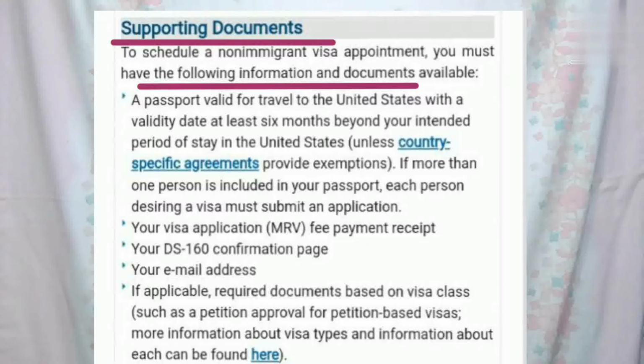Second, your visa application or MRV fee payment receipt. Third, your DS-160 confirmation page. Fourth, your email address. And fifth, if applicable, required documents based on visa class, such as a petition approval for petition-based visas. More information about visa types can be found here.